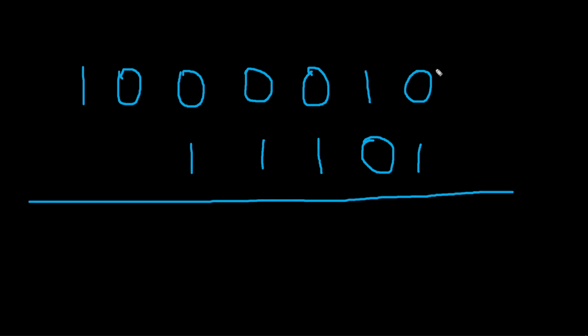What we have here is a 7-bit number. In computer science, each of these digits is called a bit. So we have a 7-bit number, and we subtract from it a 5-bit number.